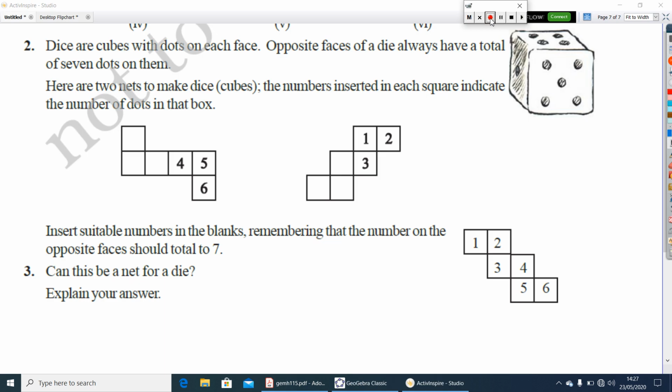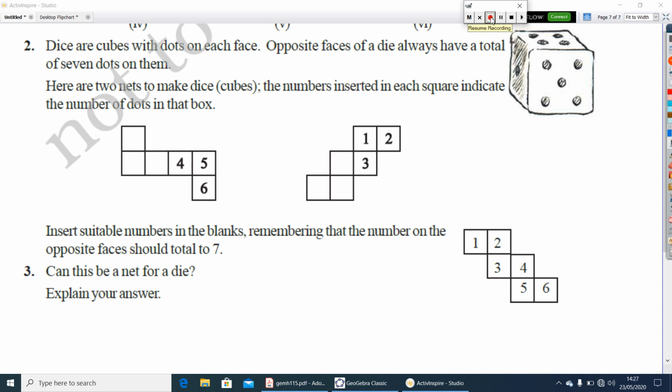Here you have questions number 2 and 3. Dice. Here is a net of a die. The number inserted in each square indicates the number of dots in that box. Now you have to fill the blank boxes.